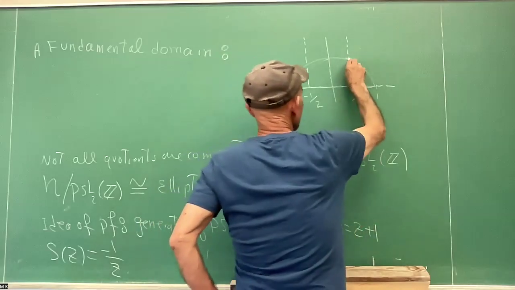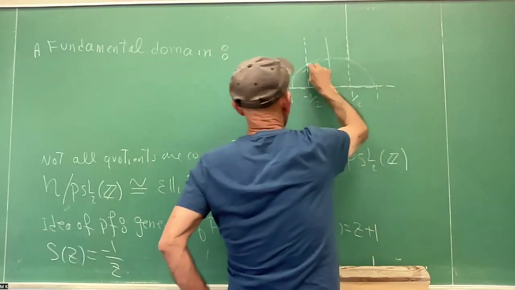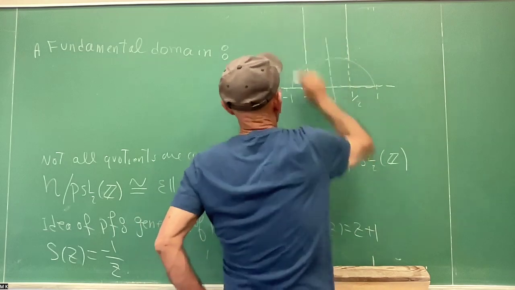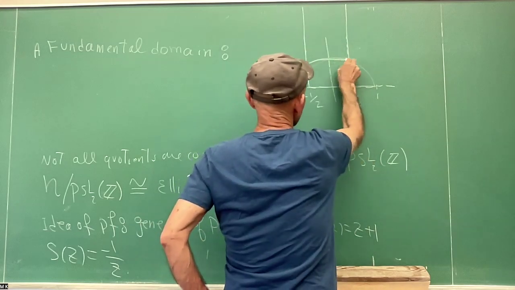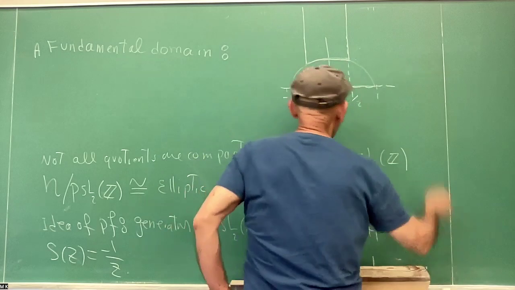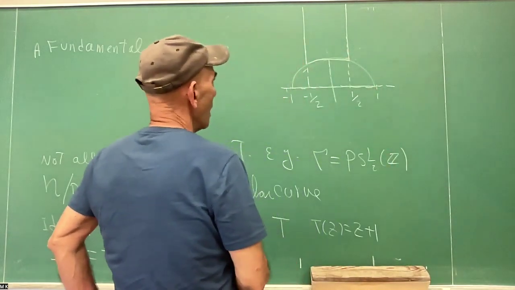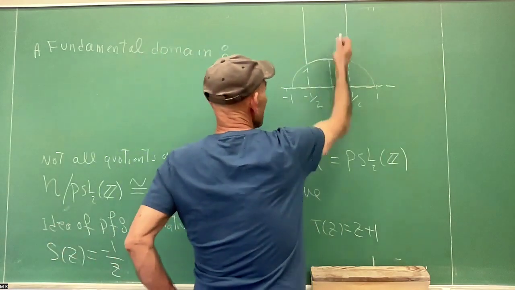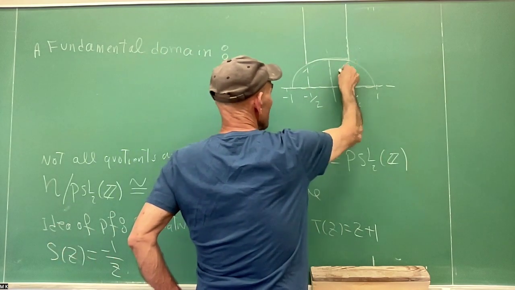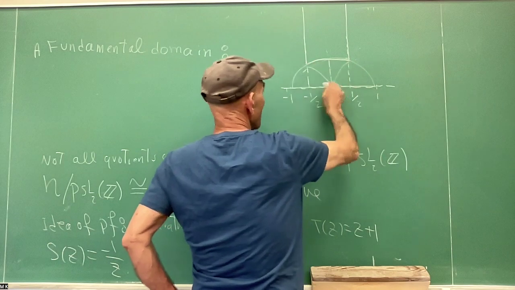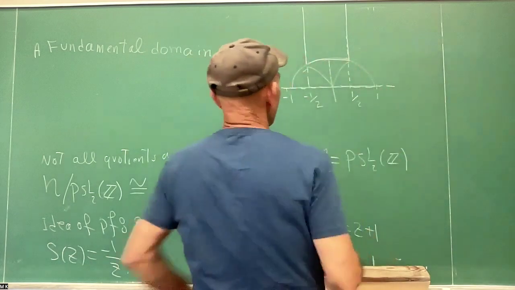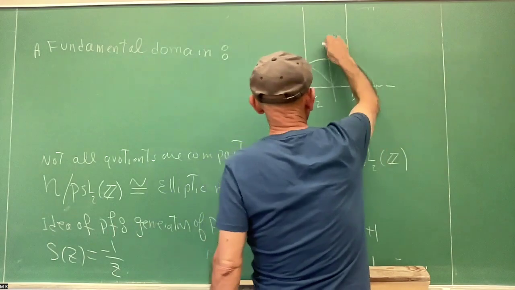Right. So then what you have all the way up, and this one. You can show that, for example, this again is congruent to this one. By S it comes here. We don't need this. We just focus on this one.